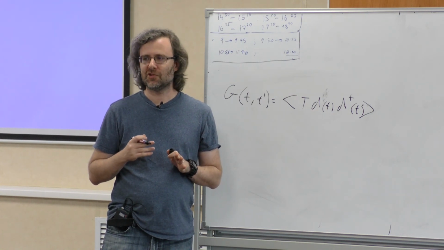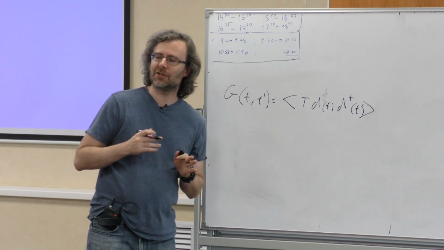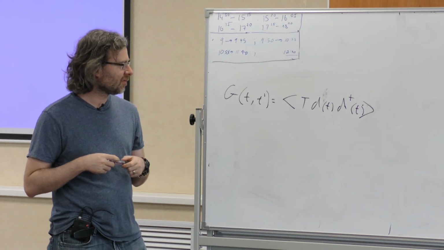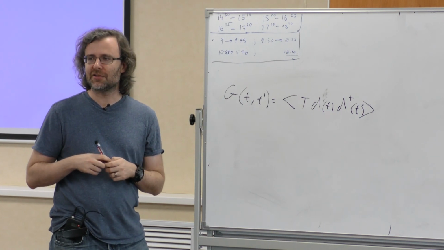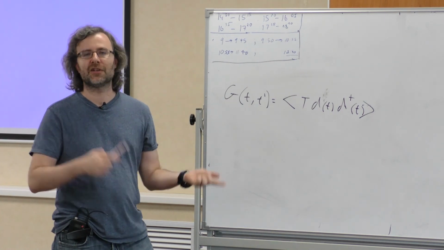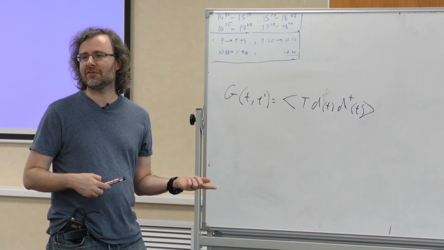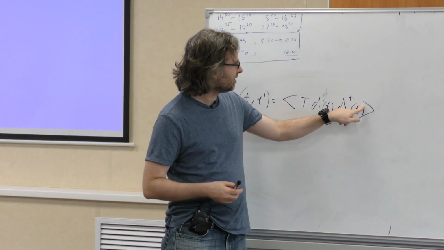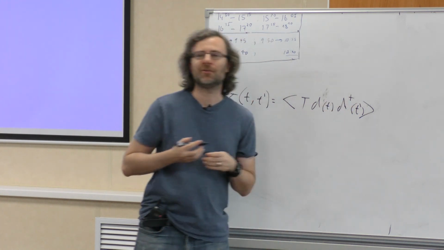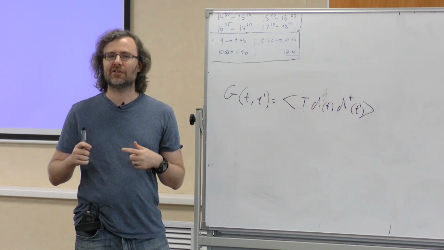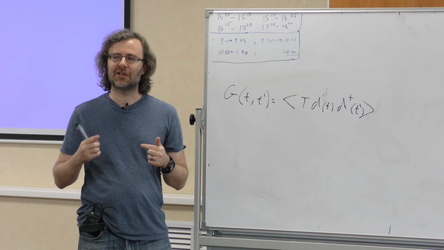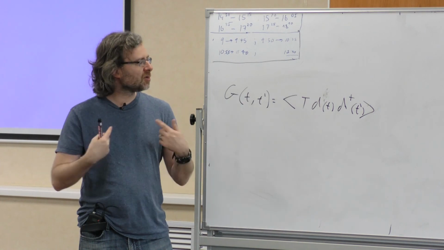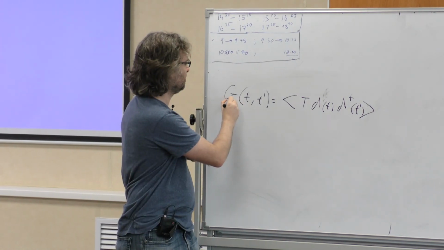One thing that I don't really want to do in class, but would encourage you to try as a homework problem, is something similar to the approach that we did for single particle density matrices. You remember a single particle density matrix is this same object where t equals t prime. What we saw was that if we try to write down an equation of motion for that thing in a non-interacting system, then we have a sort of closure property.